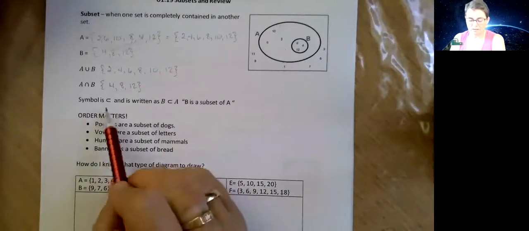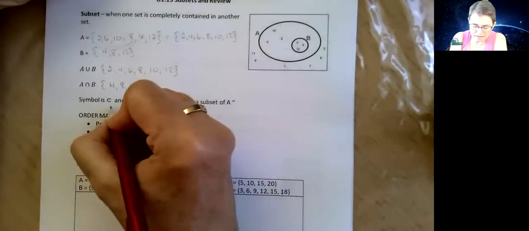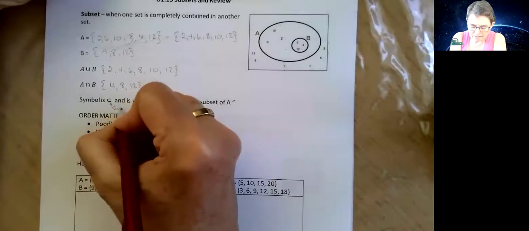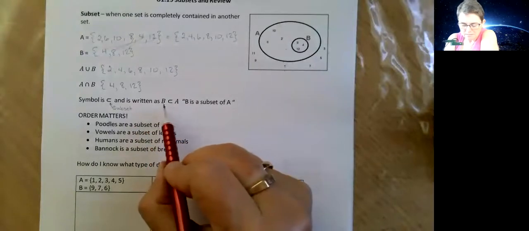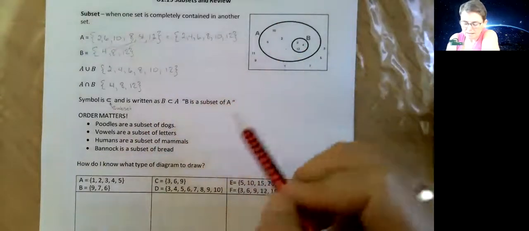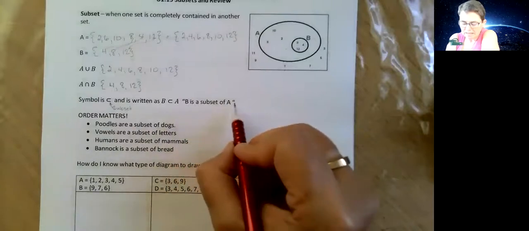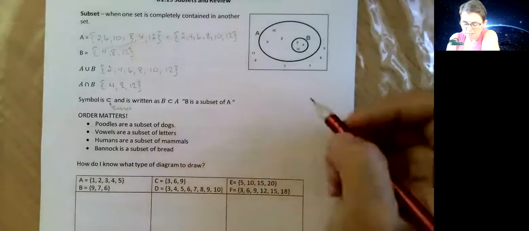All right, the symbol for subset, by the way, is this sideways looking C, and for this setup it would be written as B is a subset of A. You always put the smaller one first.